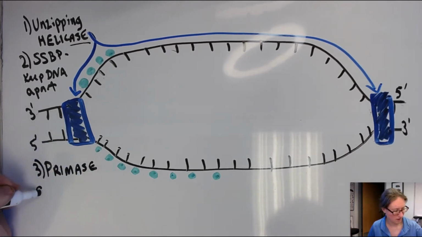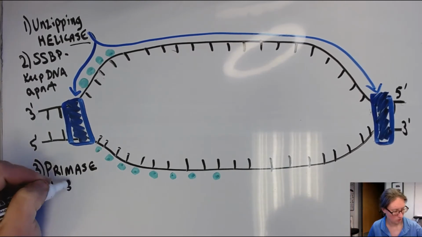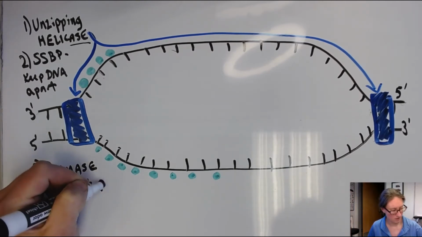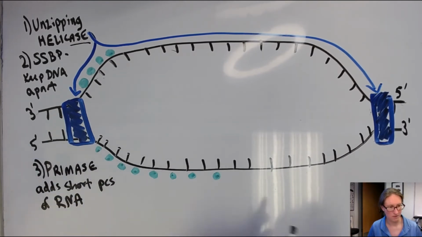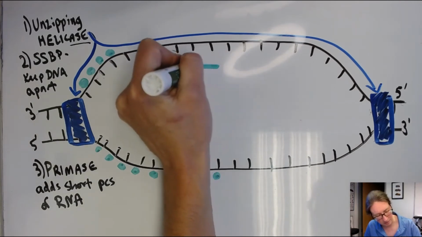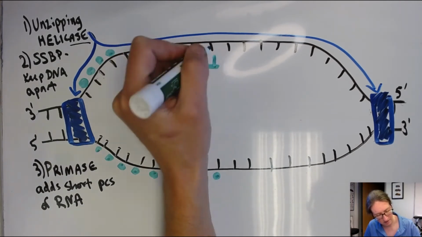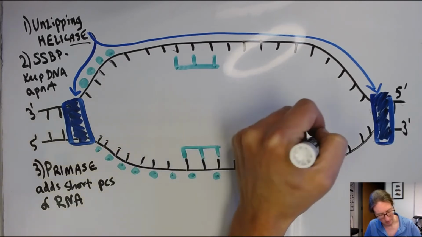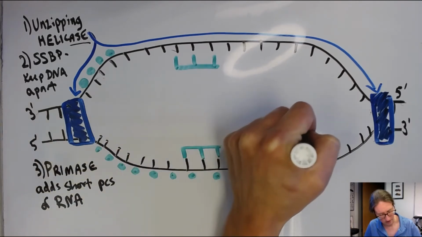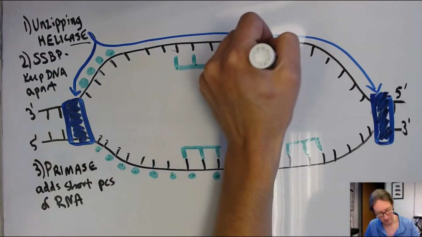So primase adds short pieces of RNA, okay? And we'll get to why RNA gets added first in a moment. So that's going to happen, let's say we can picture that happening up here. Maybe it'll happen down here. And maybe it'll happen over here, okay? And maybe up here.